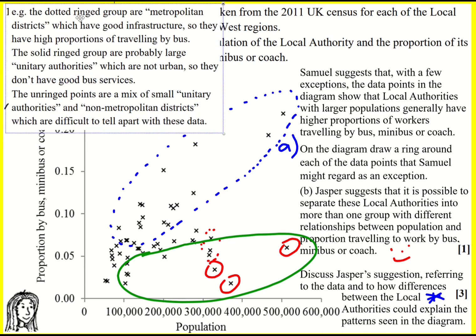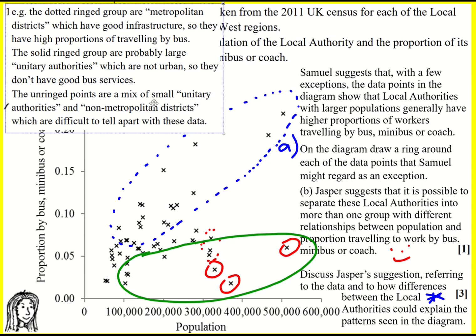So they say the dotted ring, that's this blue one for us, are metropolitan districts which have good infrastructure, so they have high proportions of traveling by bus. It doesn't really explain why it would increase as the population increases necessarily, but I can see what they're getting at. And then the solid ring, the green for us, are probably large unitary authorities which are not urban, like a rural area, for example.